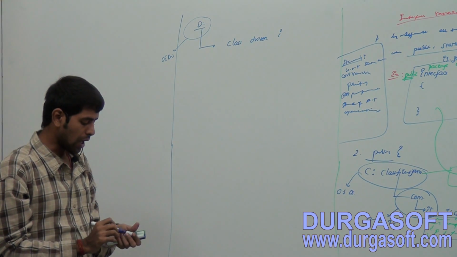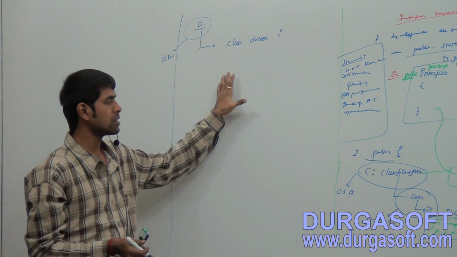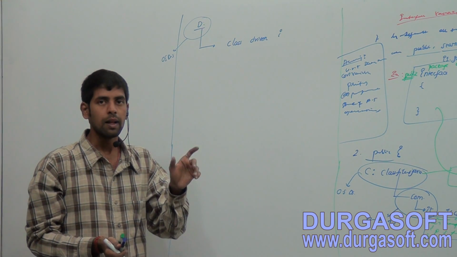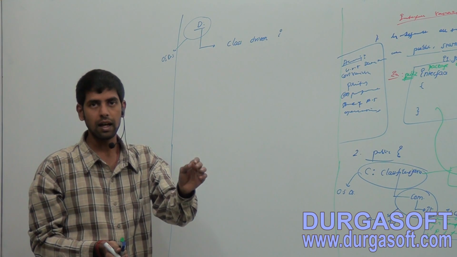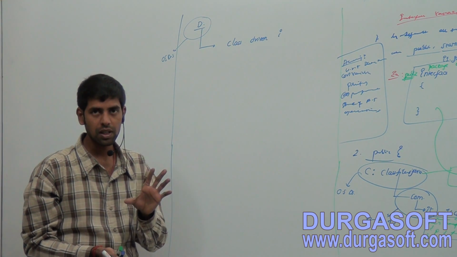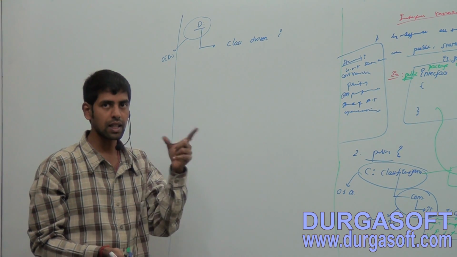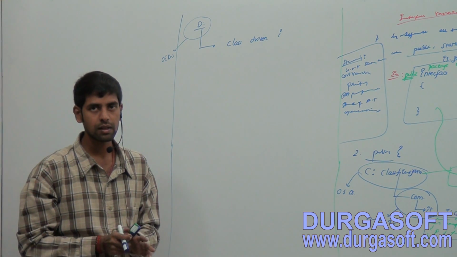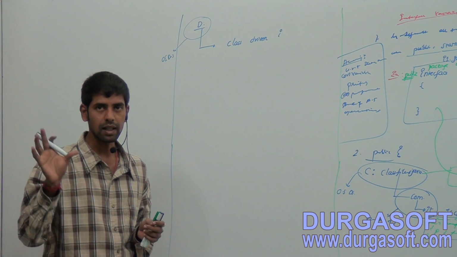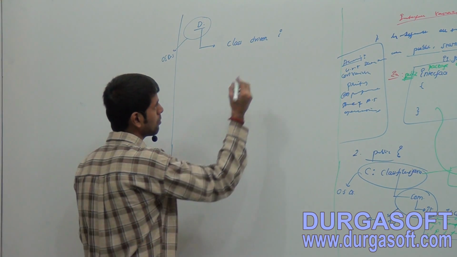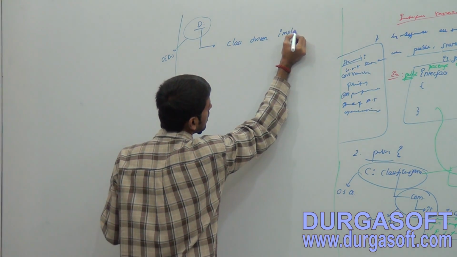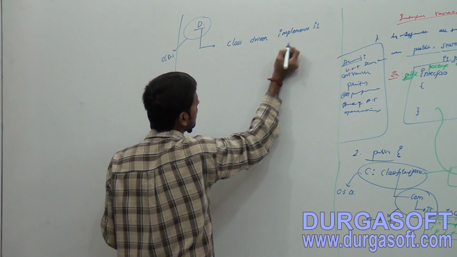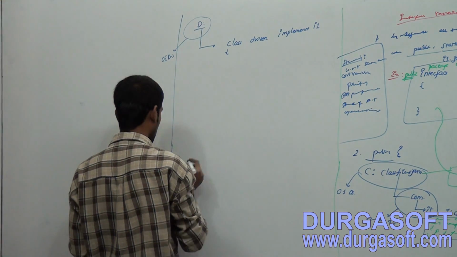If a concrete class or an abstract class wants to be an implementation class to an interface, it should implements the interface. Observe, implements I1.